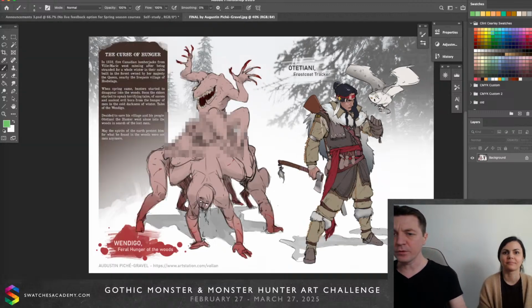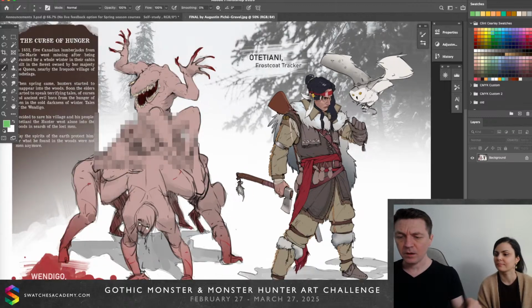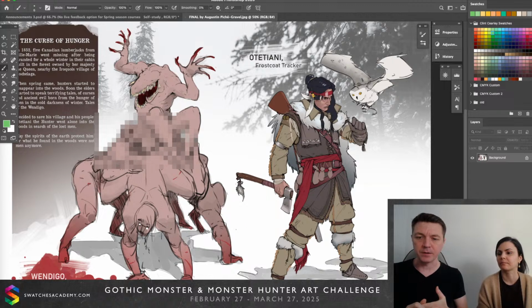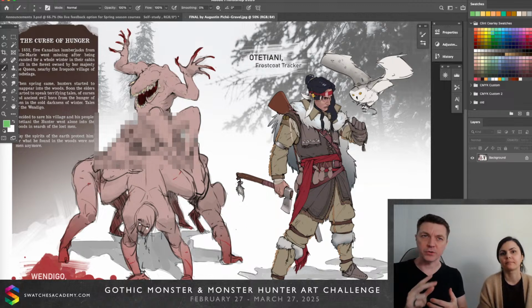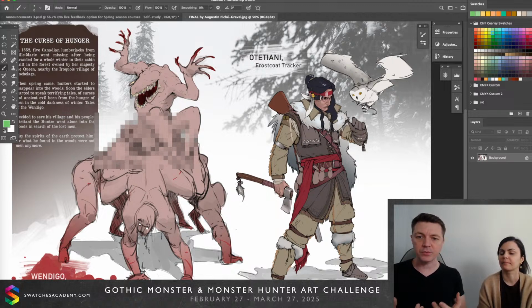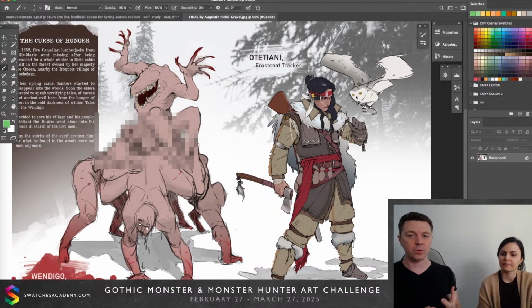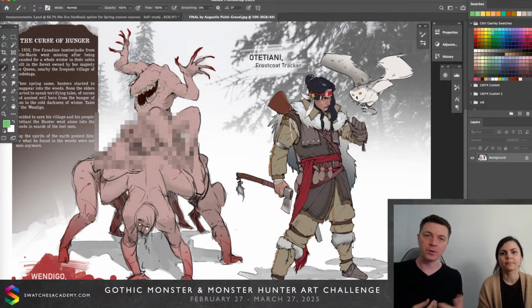Okay, so this one, as with all of these, we're going to be giving feedback from 2 different directions. One is we're going to give feedback as art teachers and just technically how could you improve the drawing? How could you make this look better? Then we're also going to be touching on the art director's side.